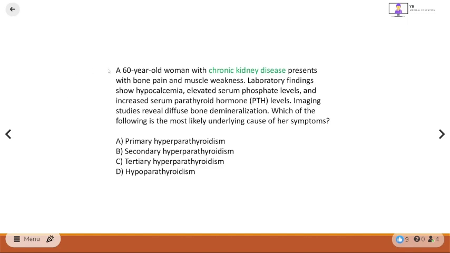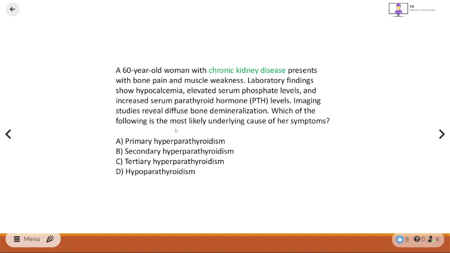So let's read this. A 60-year-old woman with chronic kidney disease presents with bone pain, muscle weakness. Laboratory findings show hypocalcemia, elevated serum phosphate levels, and increased serum parathyroid hormone levels. Imaging studies reveal diffuse bone demineralization. That's because of the high levels of parathyroid hormone.